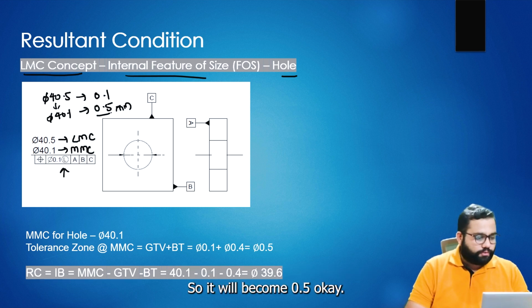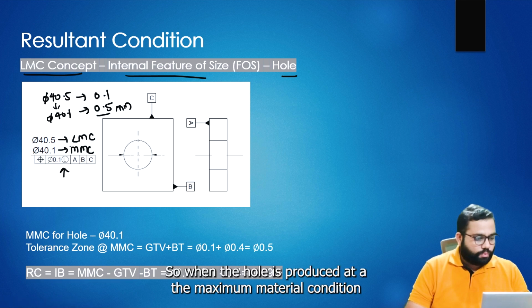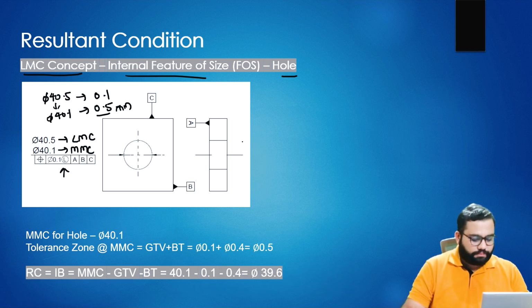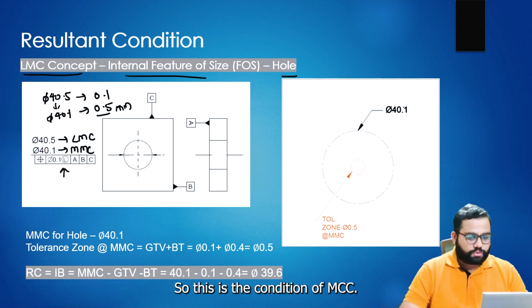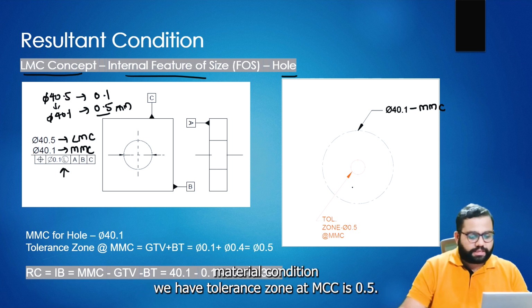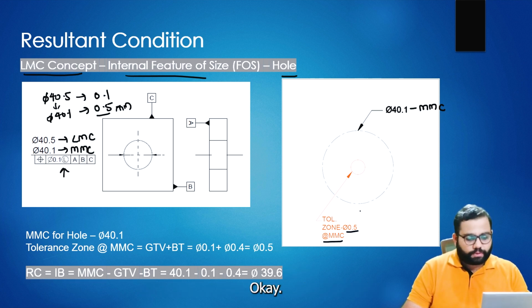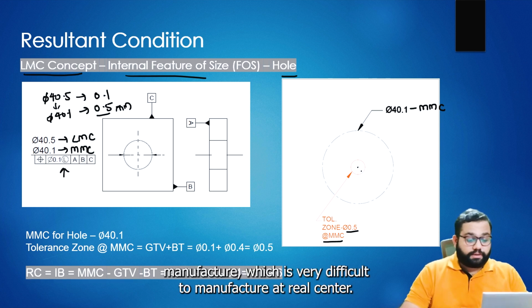So when the hole is produced at maximum material condition, the tolerance zone at MMC is 0.5 mm. This center is exactly manufactured, which is very difficult to manufacture at the real center.